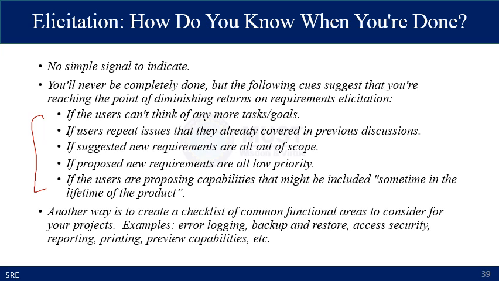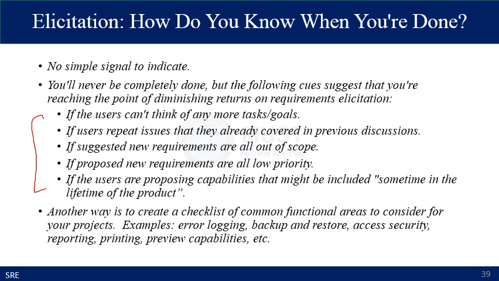So if the user repeats issues that have already been covered, that is again an indicator of completeness. If the suggested new requirements are all out of scope, and if the proposed new requirements are all of low priority, that again provides an indicator that you have elicited the correct requirements for the current release.